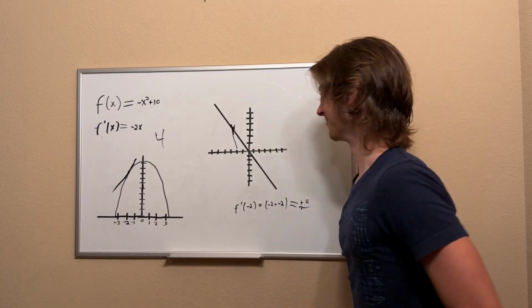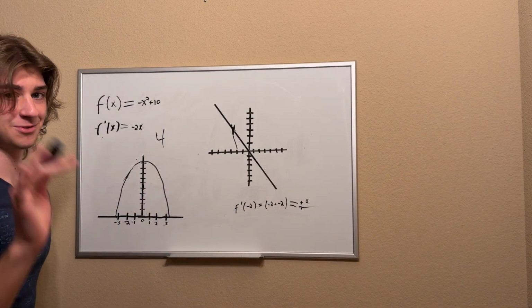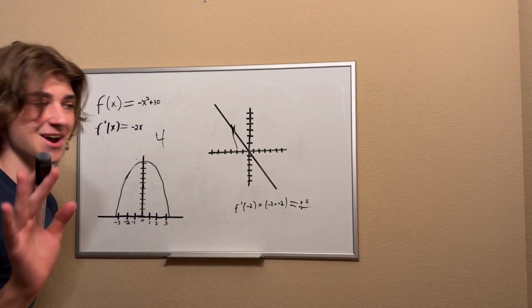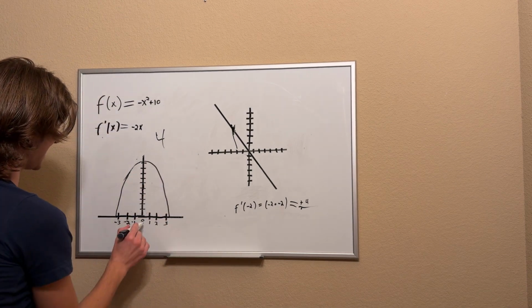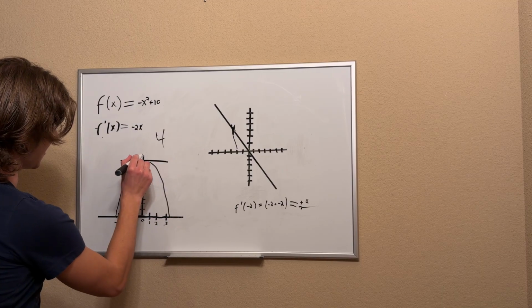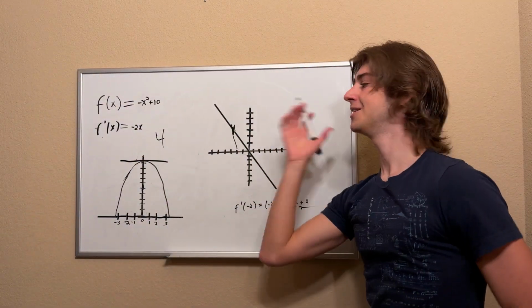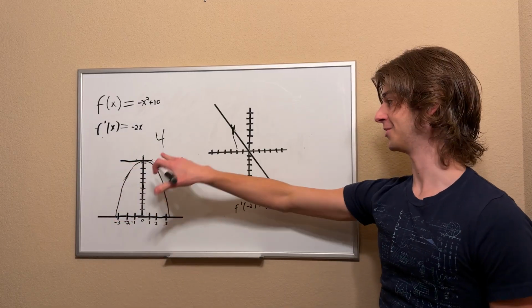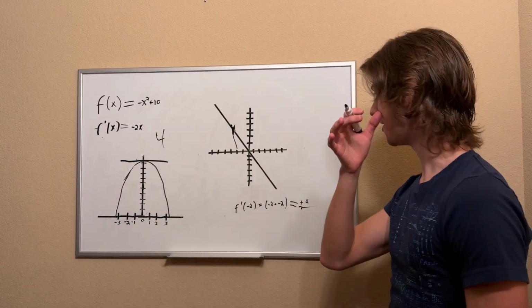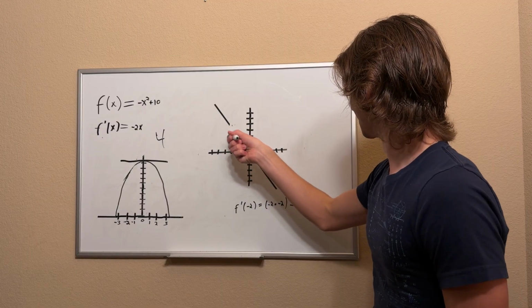So if we asked the child function, our derivative, hey derivative, we want to know how steep your parent is at x equals 0, which is right here. How steep is it right there? Well, that doesn't look like a very steep line at all. That's pretty straight. We could walk across that, no problem. It's not steep at all. Well, let's go ahead and ask the derivative.